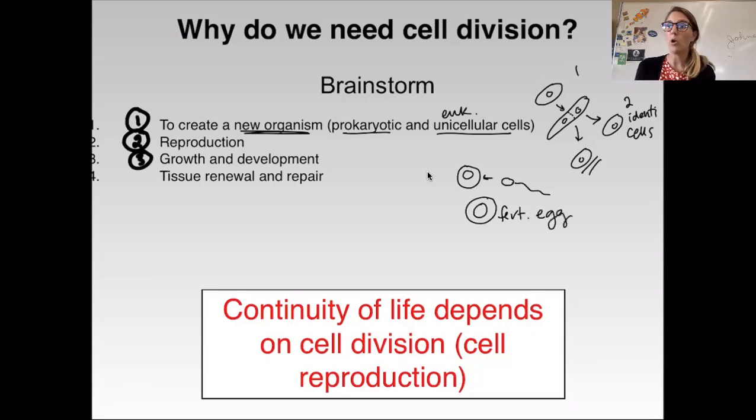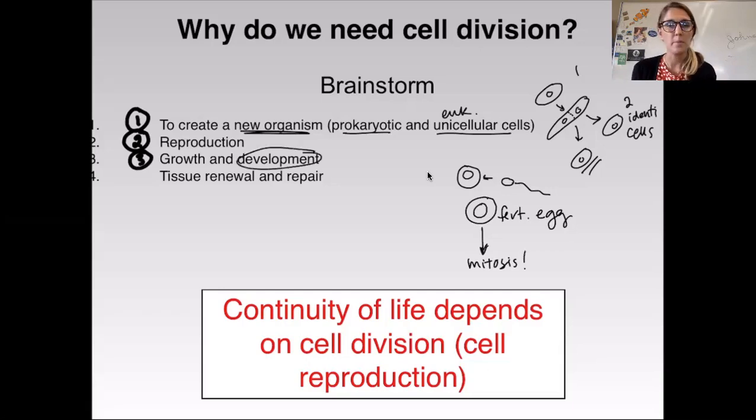We all started with a fertilized egg. That fertilized egg went through many, many billions of rounds of mitosis to create what we are today, which is kind of amazing. We're literally growing and dividing these cells to create something very complex.